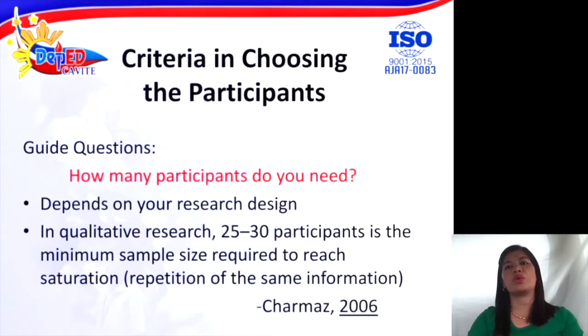The goal of qualitative research should be the attainment of saturation. In qualitative research, according to Charmaz, he suggests using 25 to 30 participants as the minimum sample size to reach saturation. When we say saturation, that's the repetition of the same information.